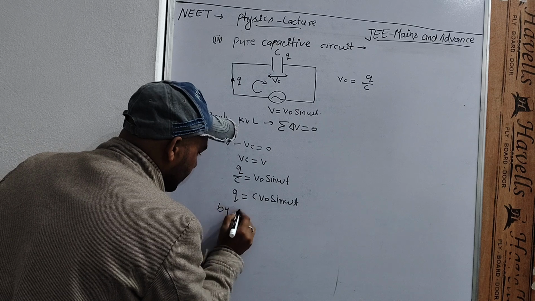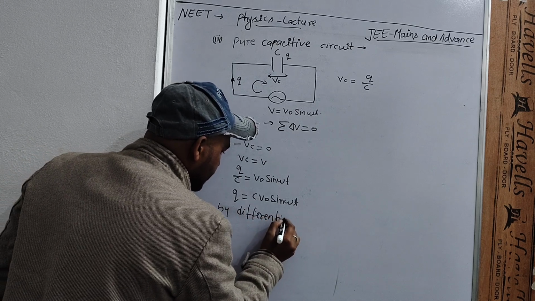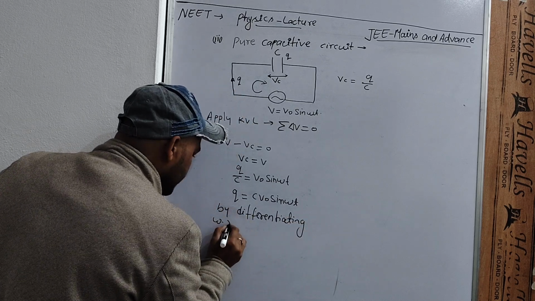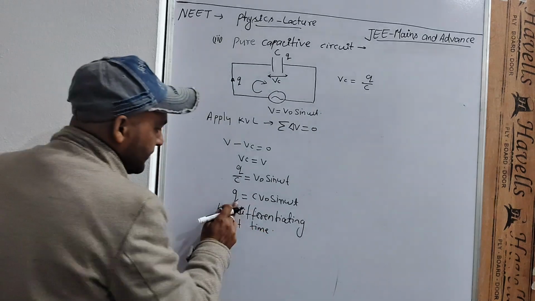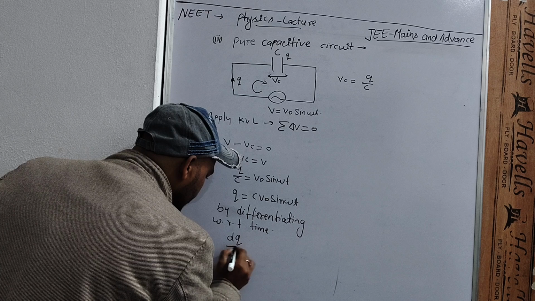Then we can write the equation of charge, and by differentiating with respect to time, we get dq over dt.